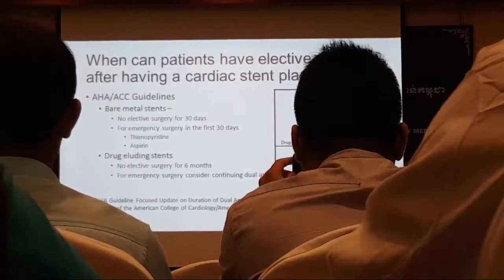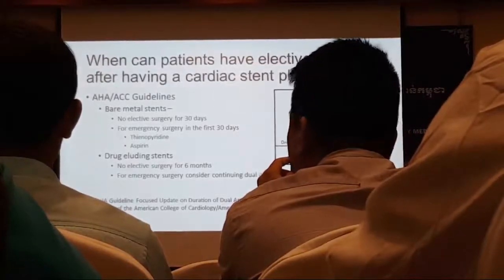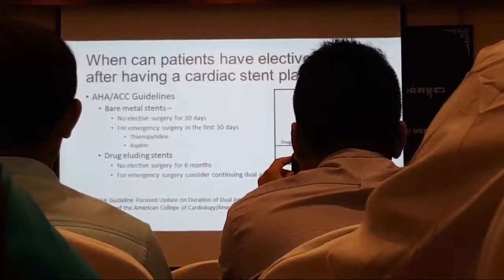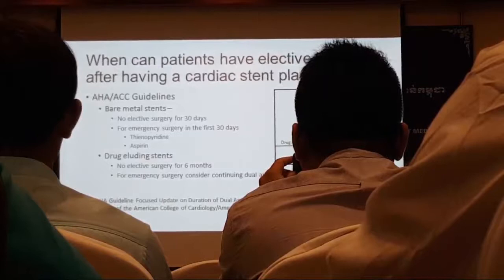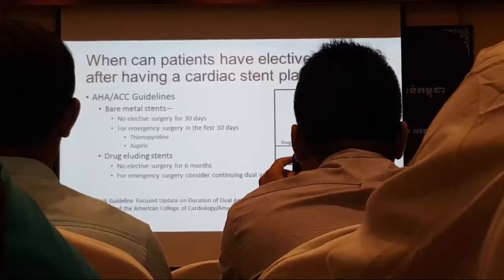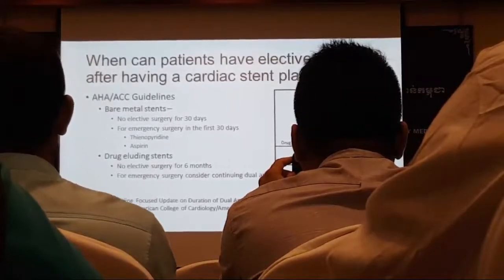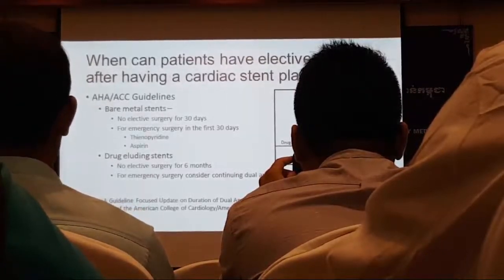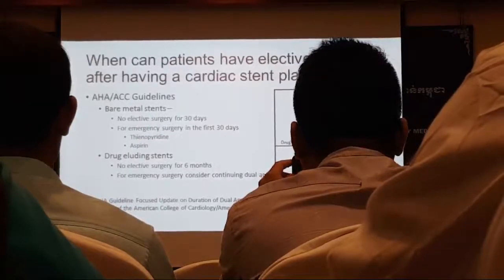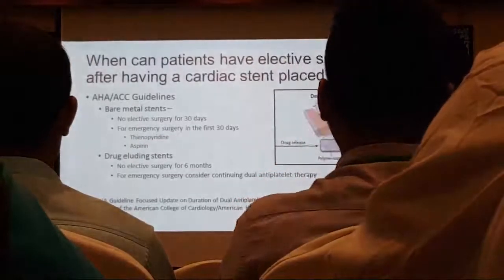The other group of stents that we look at are drug-eluting stents. These are stents that will release medication. And with drug-eluting stents, the recommendations have changed recently from 12 months to 6 months where they should not have an elective procedure. I had a patient that I took care of, and this was in Bhutan.